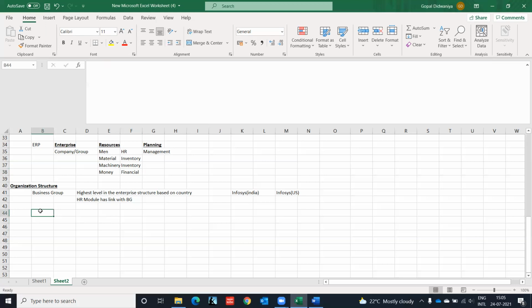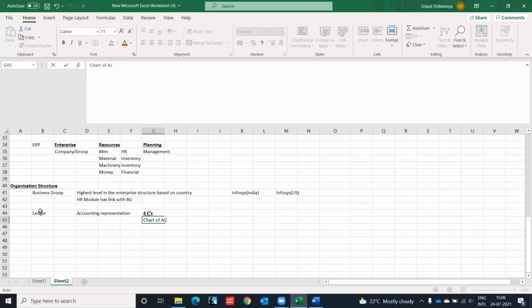Then we have the ledger. Ledger is your accounting representation. For a ledger, four C's need to be complied with. What are these four C's?